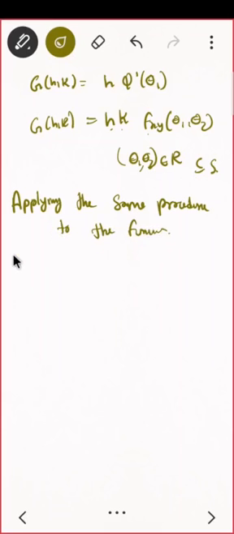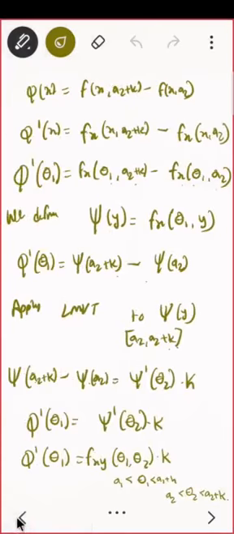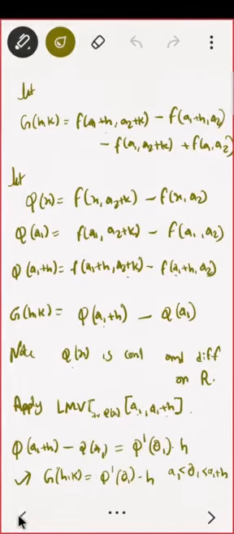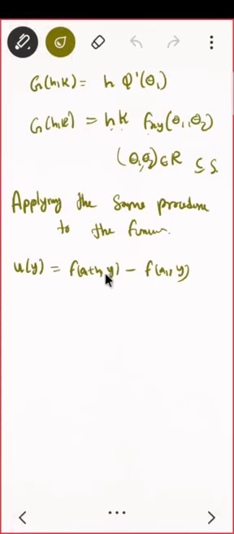You have u of y equal to f of e1 plus h comma y minus f of e1 comma y. See, what did we do there? Here we had taken phi, where the variable was the y-axis. Now here I am taking the variable on the x-axis first. Correct? And similarly we will get g of hk.